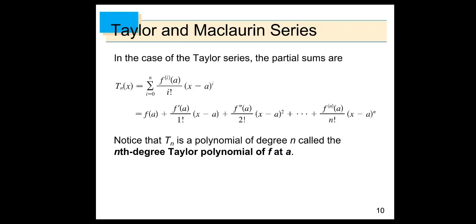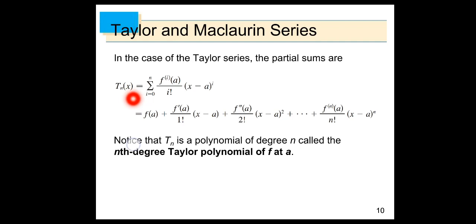All right, now in the case of the Taylor series, the partial sums are t sub n. T sub n of x is equal to the sum of f superscript i of a divided by i factorial, multiplied with (x minus a) to the power i, where i is equal to 0 and goes up to a specific number n.